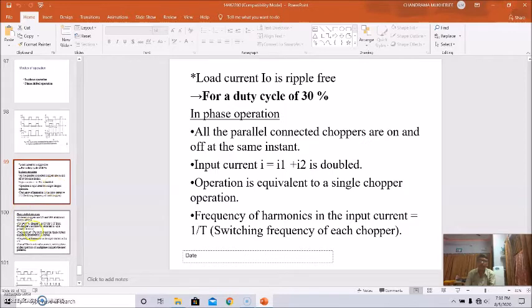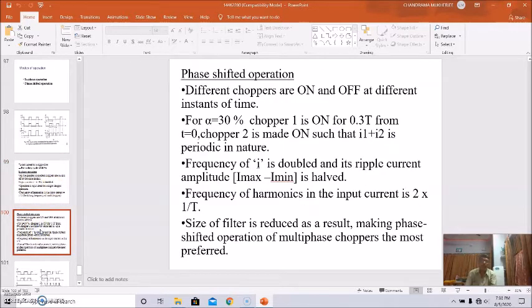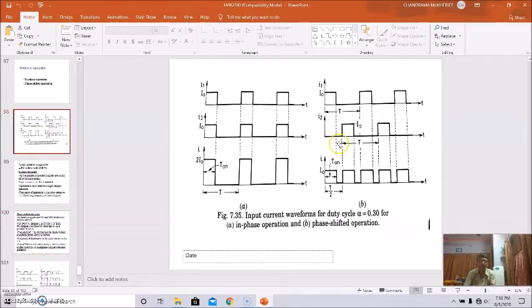Now, phase shifted operations. Different choppers are on and off at different instants of time, as shown here. The first one is turned on here, this is turn on for the second, this is turn off for the first, this is turn off for the second.